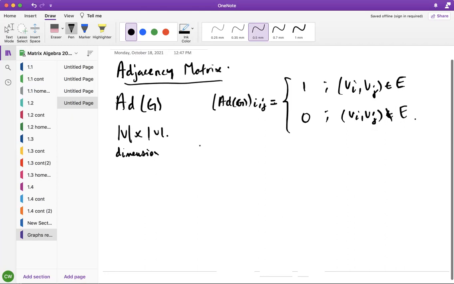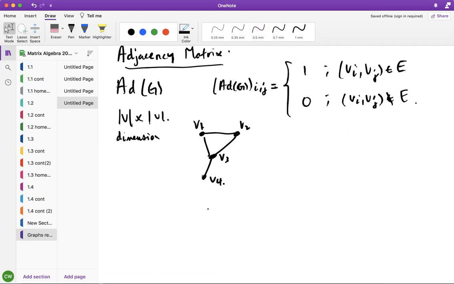So let's just do an example from the last time. This is v1, v2, v3, v4. There are 4 vertices, so the dimension is 4 by 4.